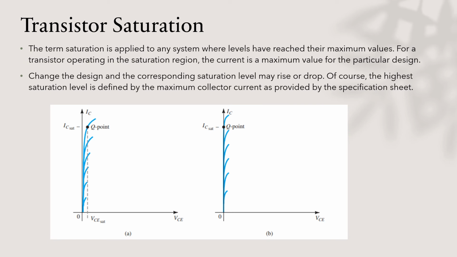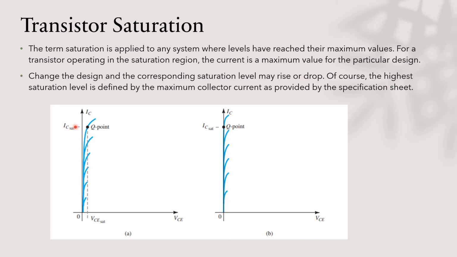So much for that. Now we proceed to transistor saturation. The term saturation is applied to any system where levels have reached their maximum values. For a transistor operating in the saturation region, the current is at a maximum value for the particular design. If you change the design, the corresponding saturation level may rise or drop.